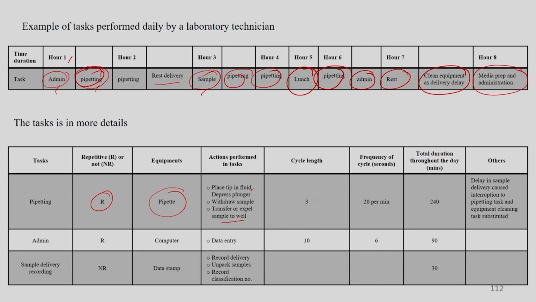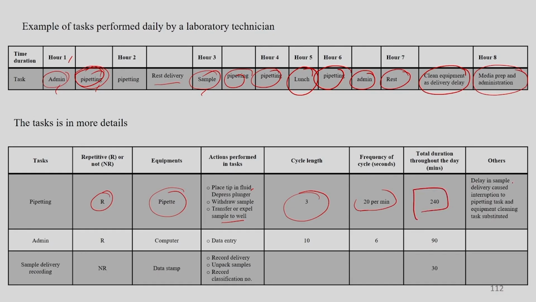Okay, so this they are doing. What is the cycle length? Maybe you can use this as 3 minutes, and frequency of cycle is 20 times per minute he or she is doing the job. So total duration of this pipetting job in a whole day is 240 minutes, correct.